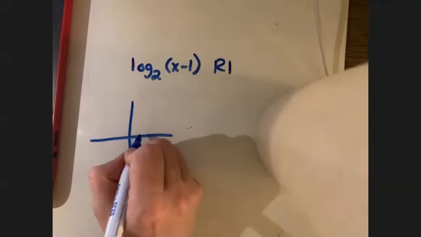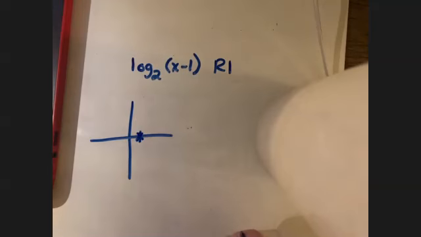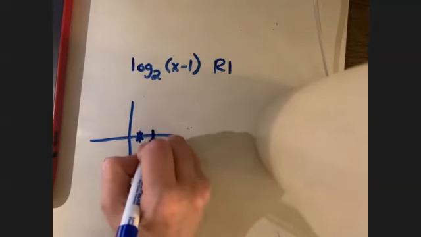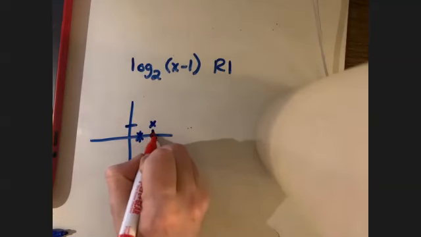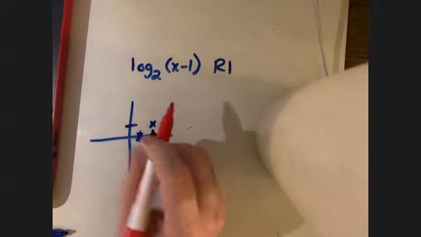Again, I'm going to mark the same way that I did on my exponentials. So I've got this spot right here at (1, 0), and then (2, 1) is going to be my other spot. And again, we have the asymptote. I'm going to start getting ready to move everything. So everything needs to go right 1.